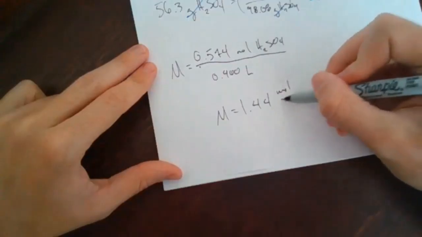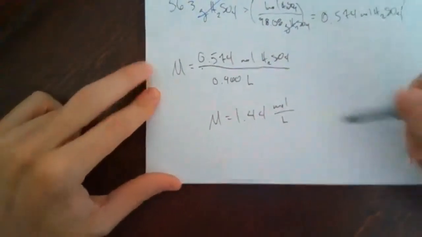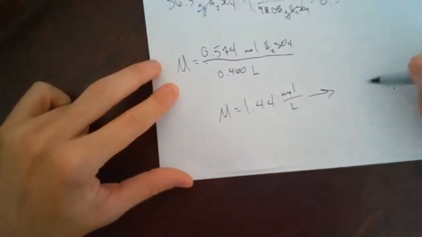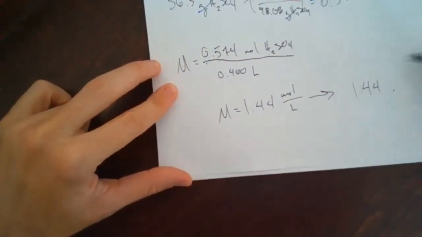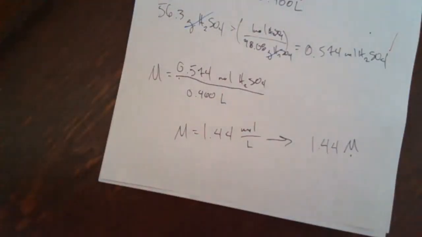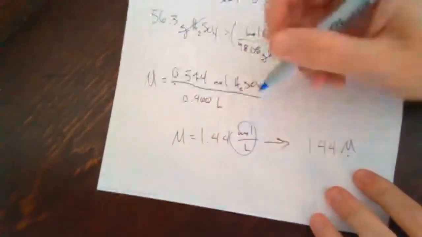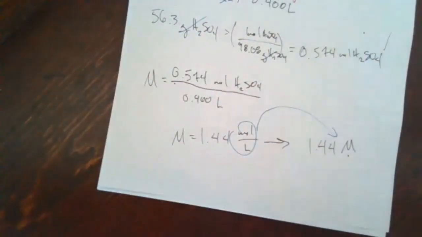And if we look, the units we'd end up with are moles per liter. Those aren't going to cancel out, but we just write that as 1.44 capital M. So this entire thing, moles per liter, just becomes capital M.